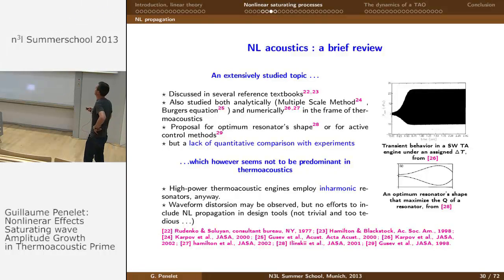And it seems that higher harmonics can be present in a thermoacoustic engine, but it's not sure that they are responsible for a great amount of dissipation. So, generally, we do not account for this effect for a first modeling of a thermoacoustic engine.